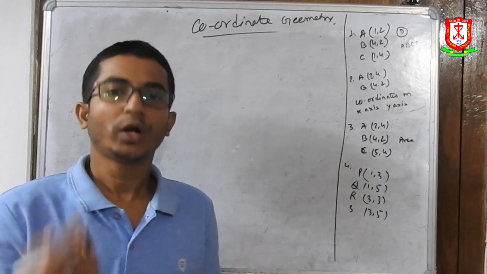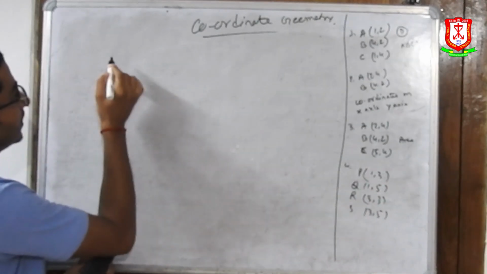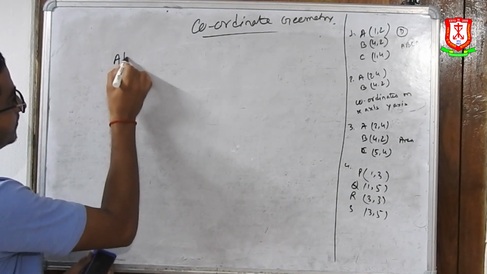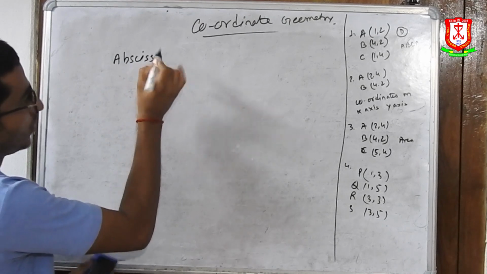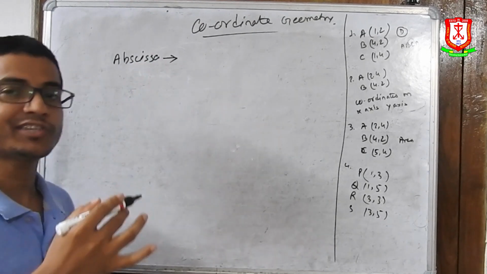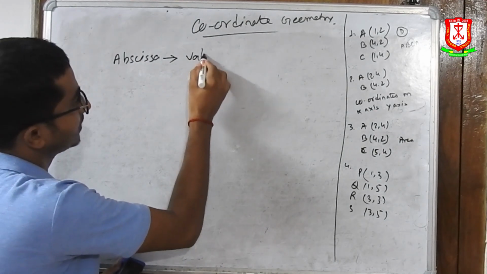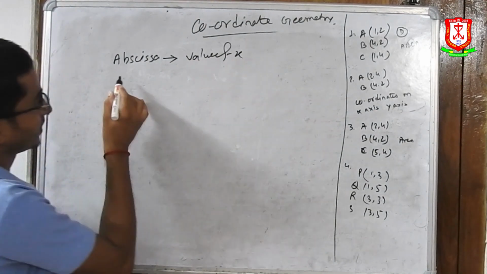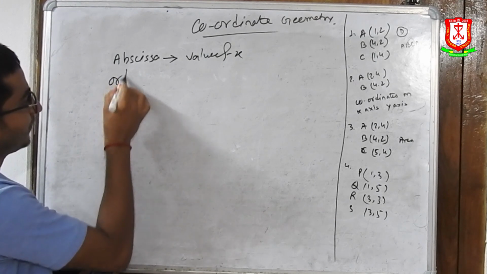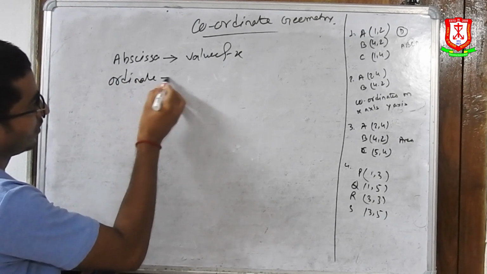Up to now, what did we discuss? We discussed abscissa. What is abscissa? Abscissa is the distance of any point from the y-axis, or we can write it as the value of x. Then we discussed ordinate. What is ordinate?